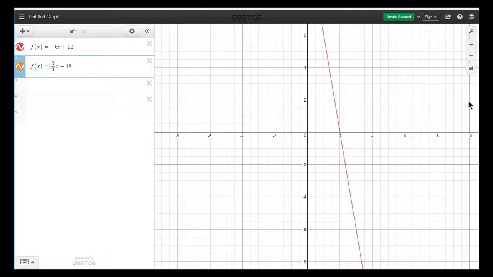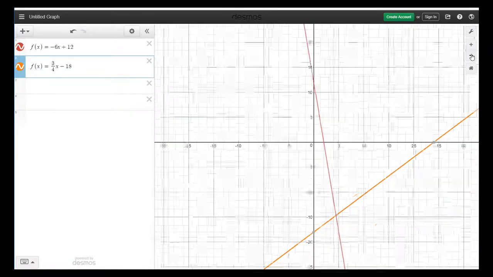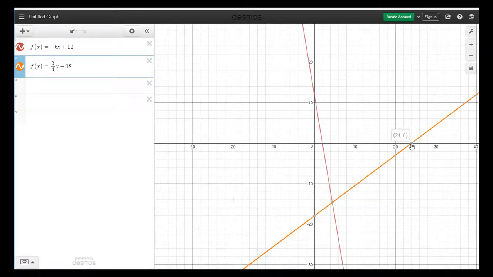It's not on my graph. So let's zoom out. Hey, there it is. All the way over here, and look at that. I have a value of 24 comma 0. That is the 0 for this equation. That is where this equation intersects the x-axis.